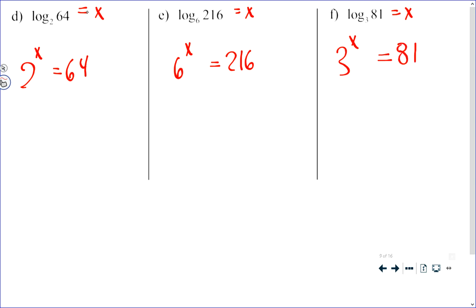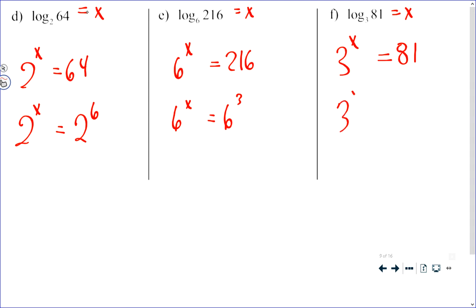You want to find a common base. With a little bit of help on your calculator, you will discover that you can write 64 as 2 raised to the 6. With a little bit of help on your calculator, you will discover that 6 cubed is equivalent to 216.